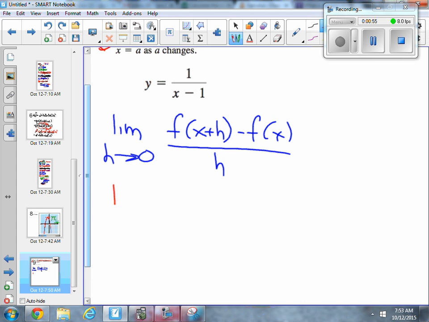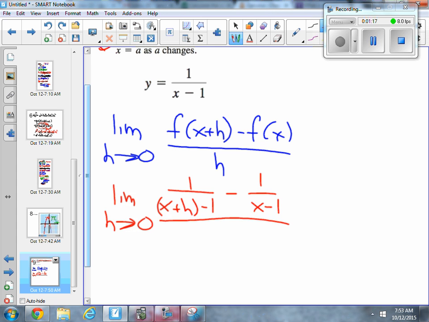So I have the limit as h approaches 0 of 1 divided by x plus h minus 1, minus 1 over x minus 1, and all that is divided by h.